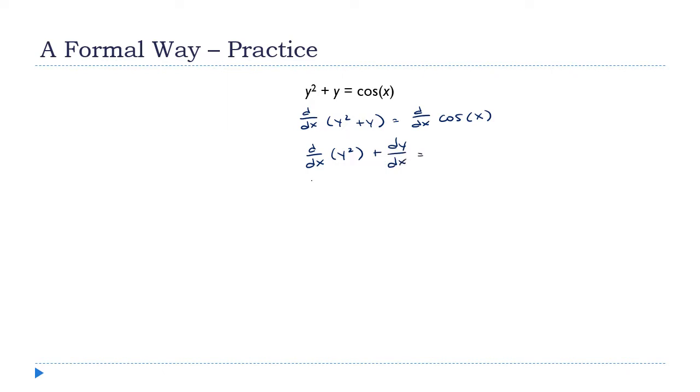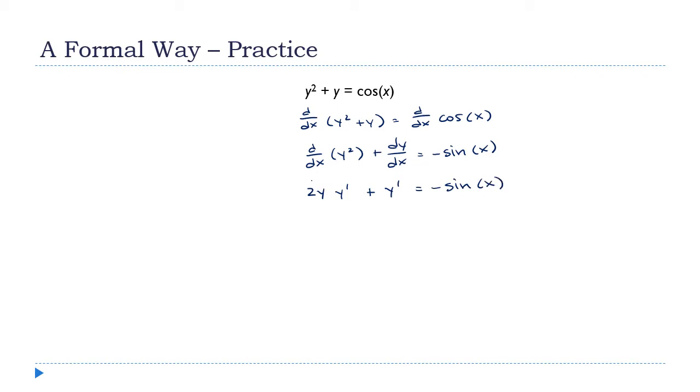And on the right side, the derivative of cosine of x is minus sine of x. On the last example, we saw how to do the derivative of y squared. This is 2y y prime plus y prime equals minus sine of x.